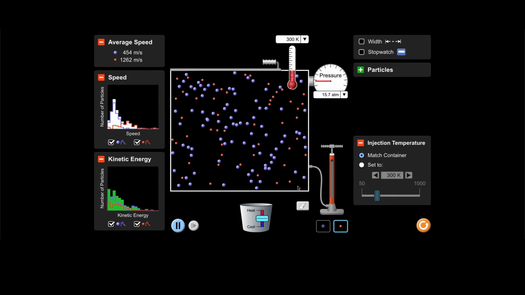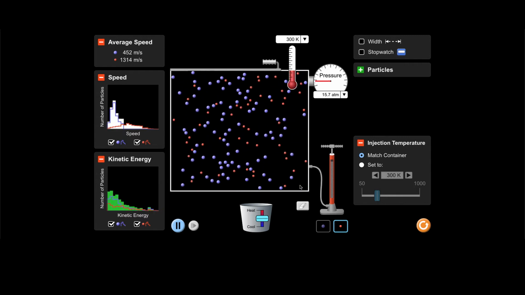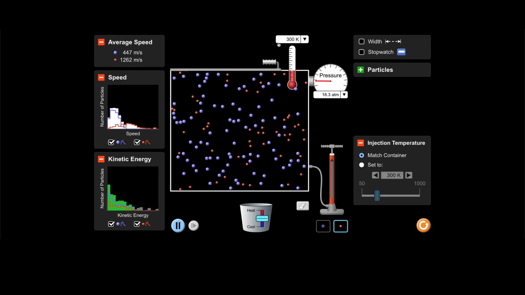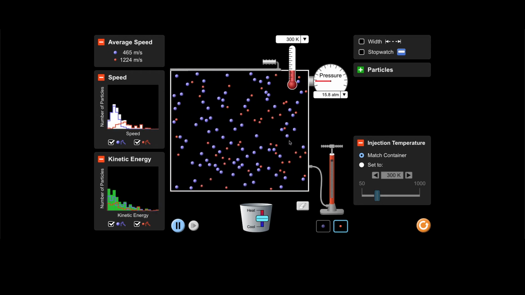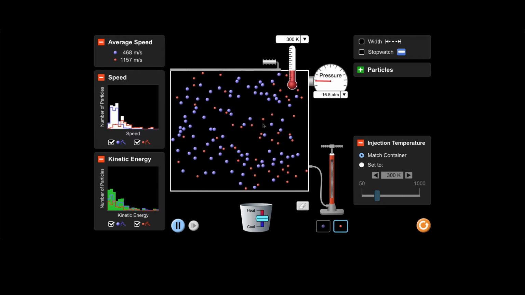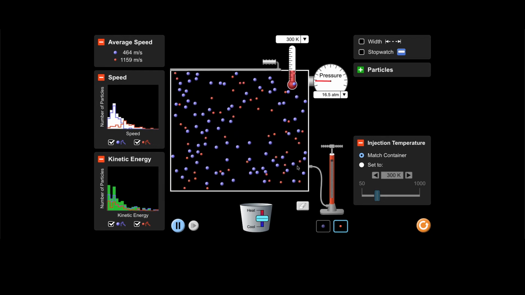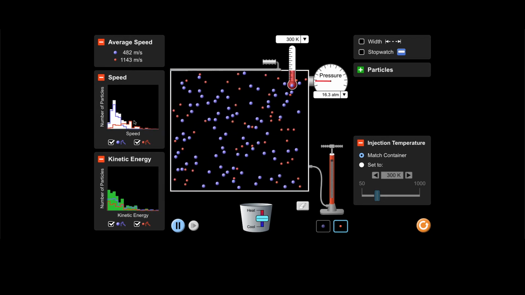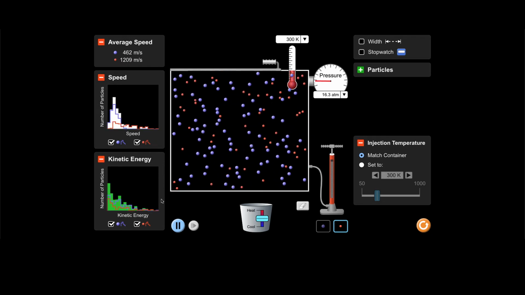And because kinetic energy, in this model, the kinetic molecular theory of gases, is related to temperature, which is shown up here, and this entire vessel is at the same temperature, we say that the red particles have the same kinetic energy as the blue particles, so long as the system is at equilibrium. But as you can see, the red particles have to move a lot quicker in order to obtain that particular kinetic energy.